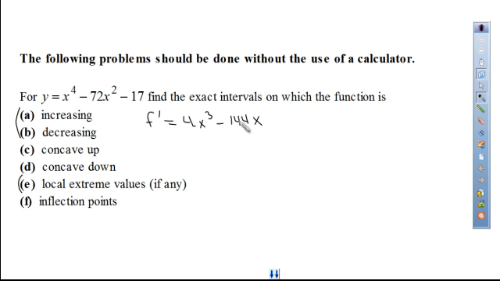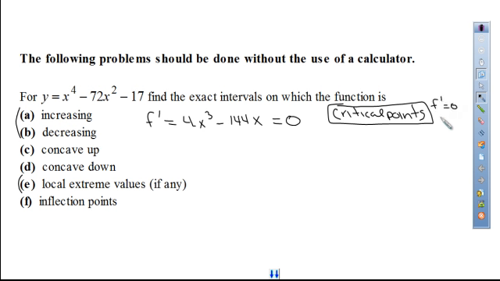Now that I have my derivative, I'm going to go ahead and set that equal to 0 and solve. So I'm going to find my critical points. So these are called the critical points. And a critical point happens when the derivative is equal to 0 or the derivative does not exist.